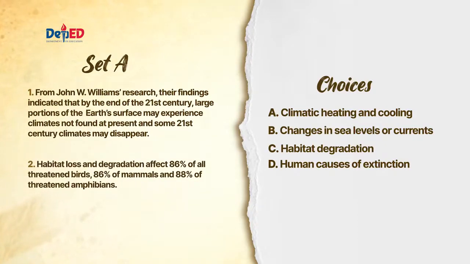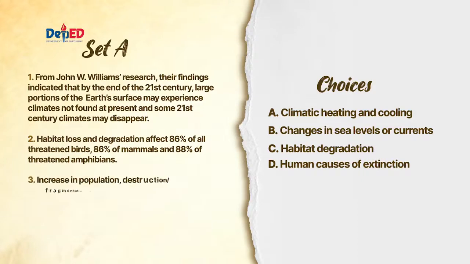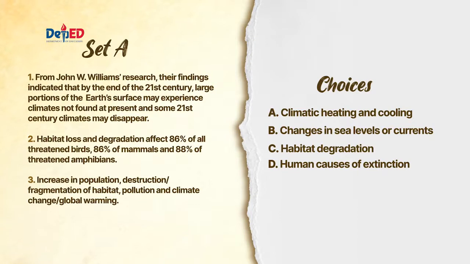Habitat loss and degradation affect 86% of all threatened birds, 86% of mammals, and 88% of threatened amphibians. Question number 3. Increase in population, destruction, fragmentation of habitat, pollution and climate change or global warming.